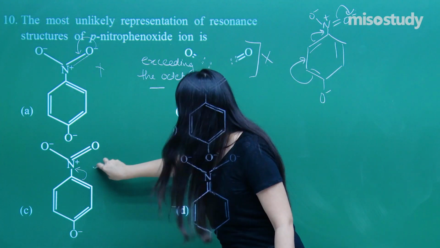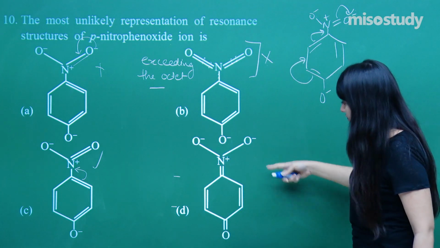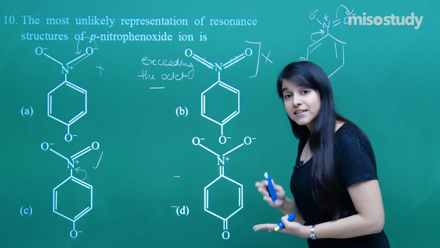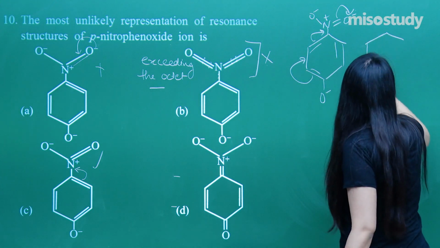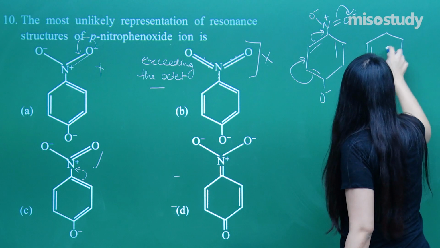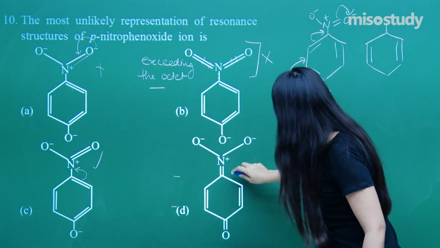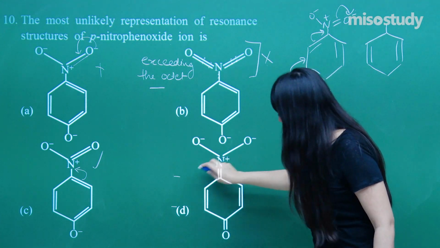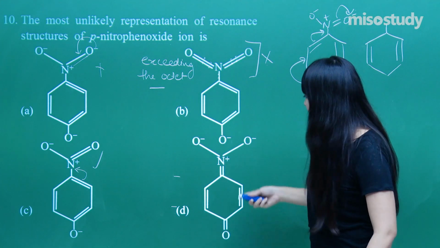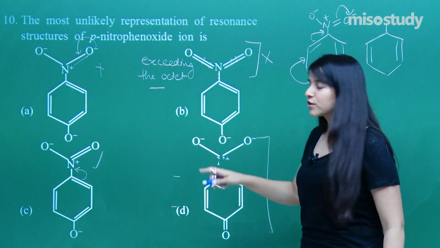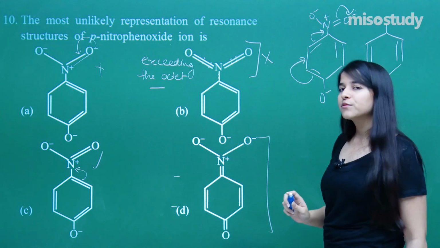So this can be a possible representation. Now what about this? Again, that is a very particular resonance structure. Somewhere in the middle, I would be having such a representation. If there is a double bond over here, this is also a resonance structure. Just try drawing the resonance structures for this and you will get one of the structures as this. So I hope you are clear with the idea.